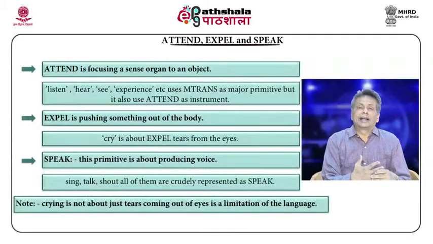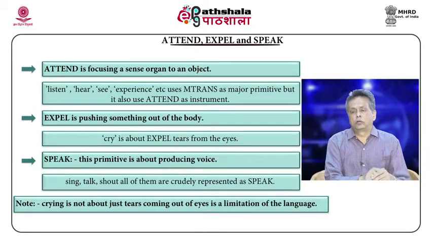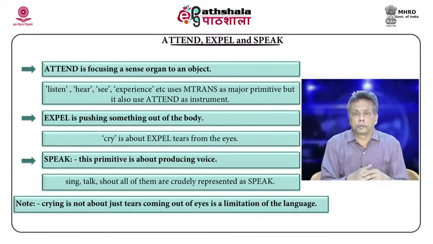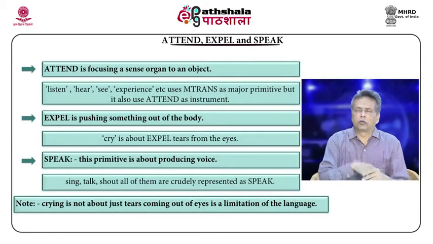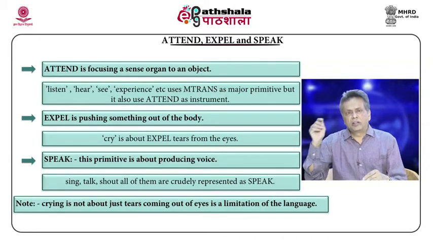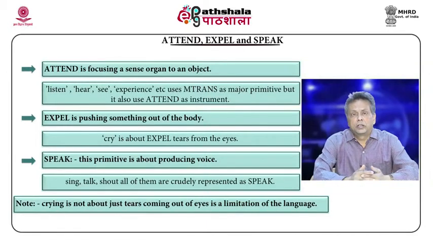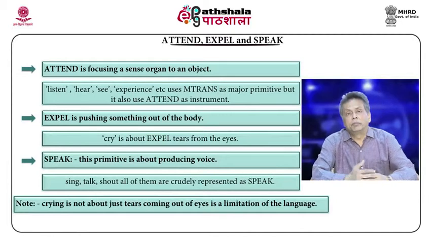One more is called attend. Now, when you focus your sensing organ on something, for example, when I am reading, I am focusing my eyes on the newspaper, or when I am listening, I am focusing my ear on the other party's words. Similarly, I am viewing a cricket match, so I am attending my eyes to the match.